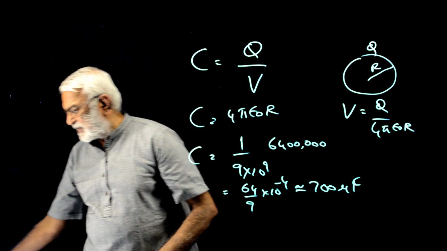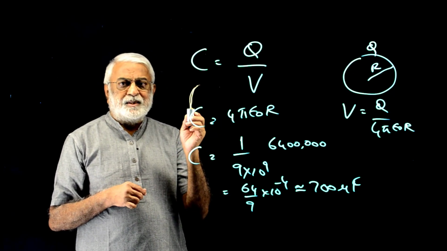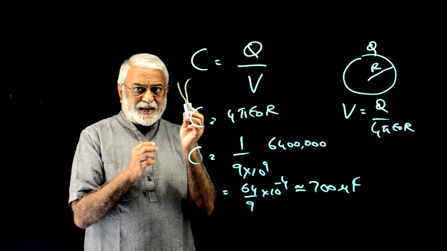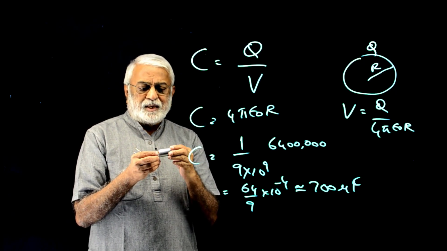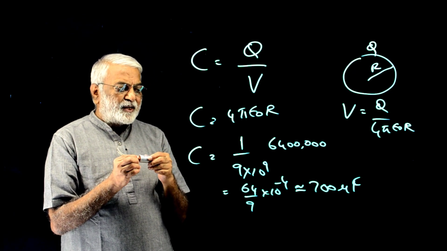But let me show you something. This one, it's not a conductor, it's a combination of conductors. It's called a capacitor, and it has a capacitance of 2.5 microfarads.